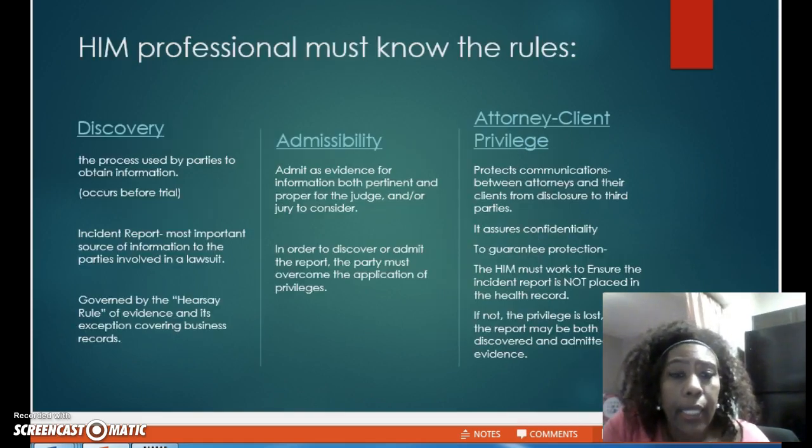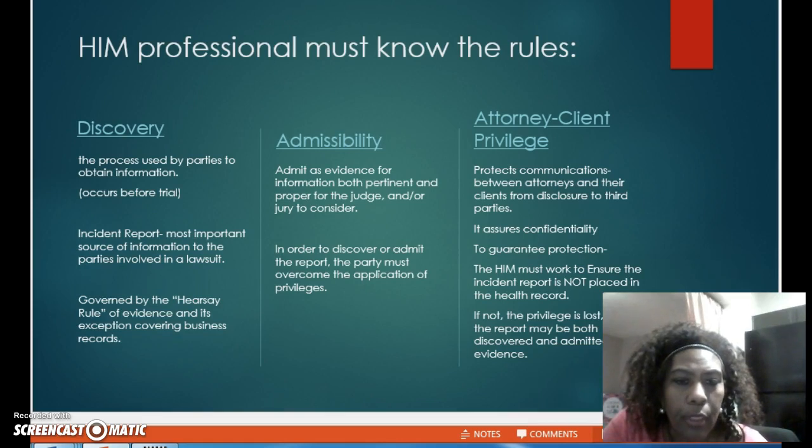Okay, and lastly, the HIM professional must know the rules. So, as an HIM professional, you have to know what's important as far as the incident report and the details that go along with it. As far as discovery is concerned, it's the process that's used by parties to obtain information, and this occurs before trial.